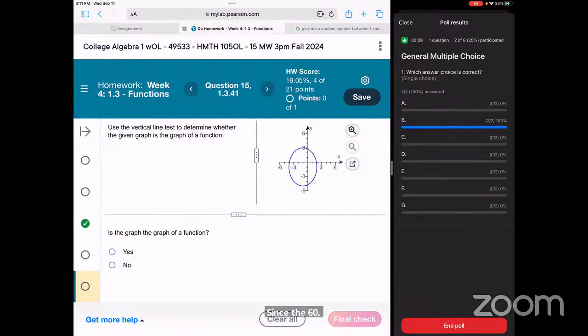Okay, I'll do that one next. Okay. All right, so this one shouldn't be too terribly bad, right? Does it pass or fail the vertical line test? So I'm going to submit this result, submit, and we're going to go with it.